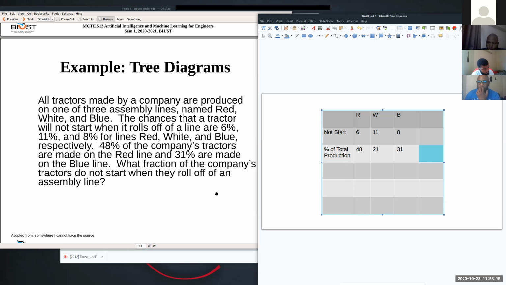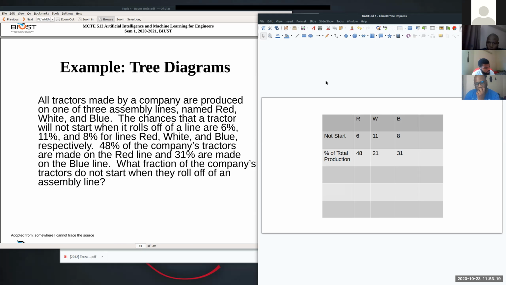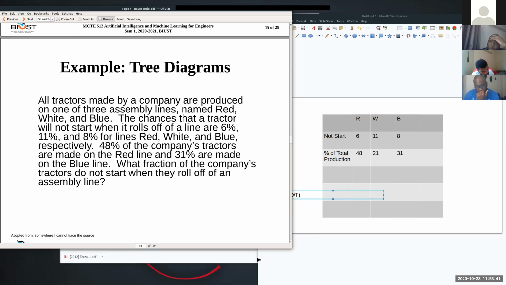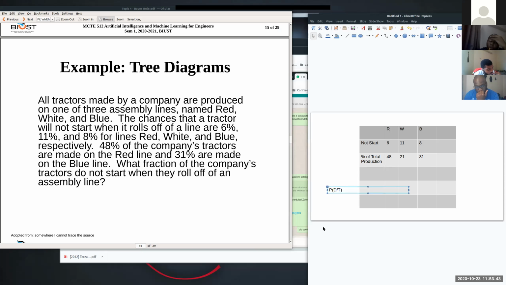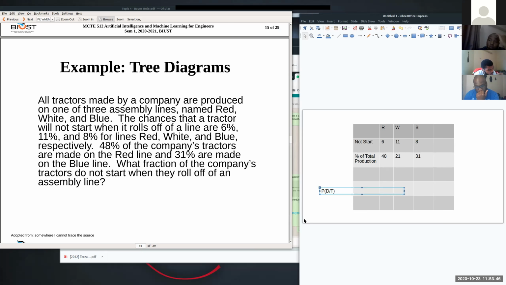So what fraction of the company's tractors will not start when they roll off? We are looking at the probability of a defective tractor, the probability of the defect, defective divided by the total production. But let's see what kind of symbols they use. That is what we want to see. Okay, so that's the table.